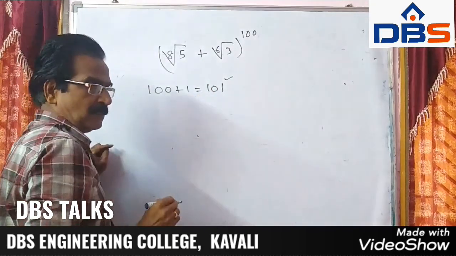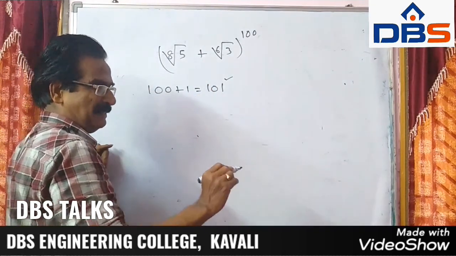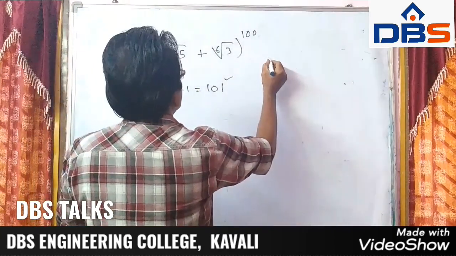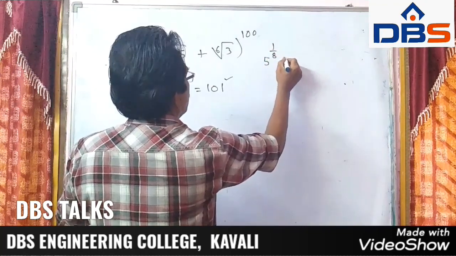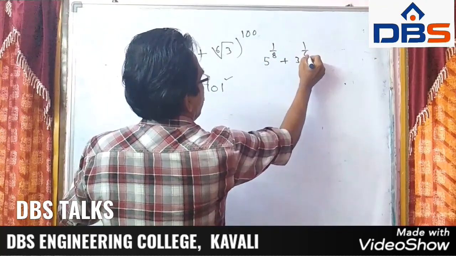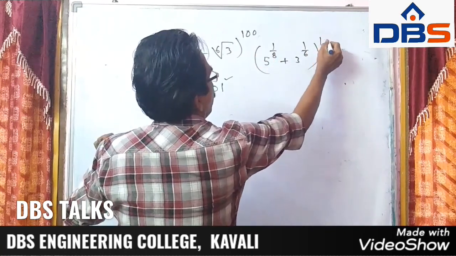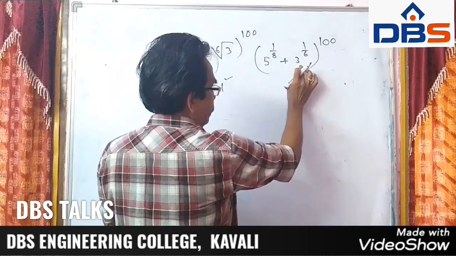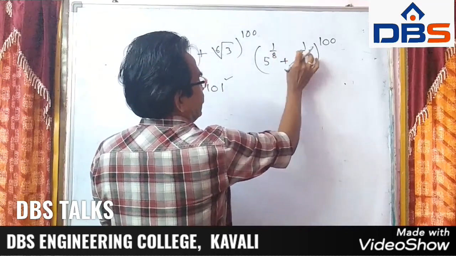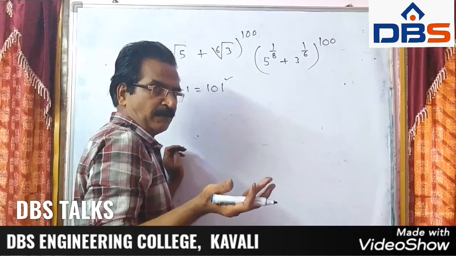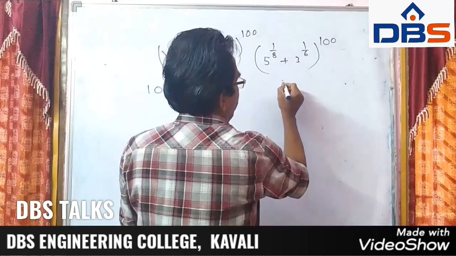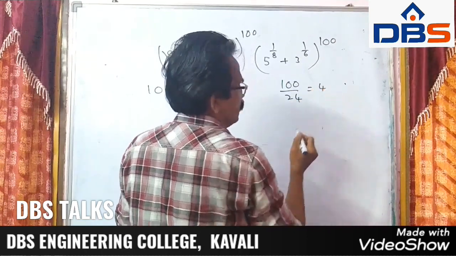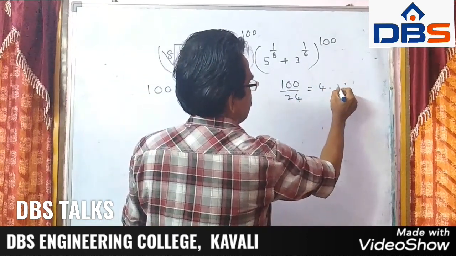In 101 terms, how many terms are integral terms? For that, we know, friends, this is (5 power 1 by 8 plus 3 power 1 by 6) whole power 100. 5 and 3 are prime numbers. The LCM of 8 and 6 is 24. So we have to divide 100 by 24. 24 4s are 96 and plus something.